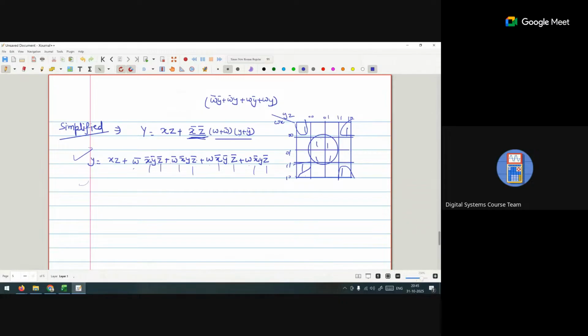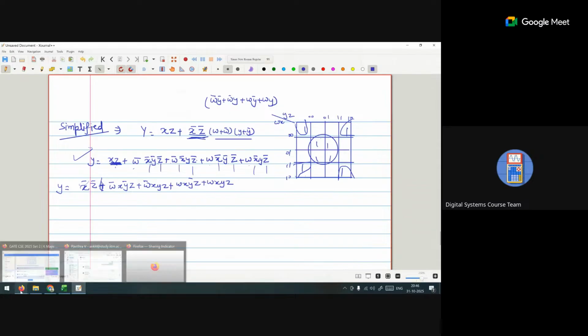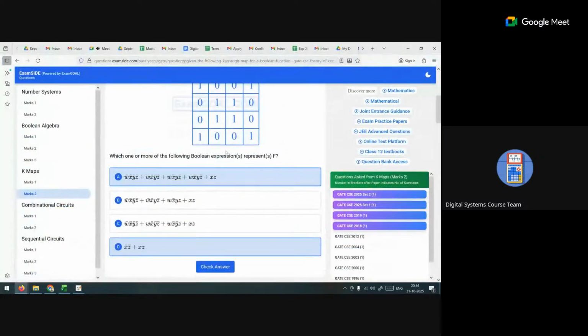Okay, or if they ask for the canonical form, X bar Z bar is as it is, plus this one will be converted into the standard canonical form: W bar X Y bar Z plus W bar X Y Z plus W X Y bar Z plus W X Y Z. That option is also a correct option. So according to the question statement, you have to check.